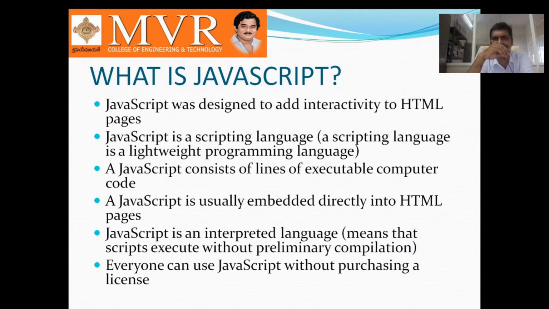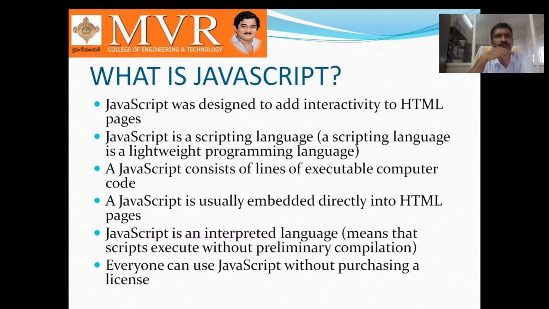It is a lightweight programming language used on the client side for scripting. Next, JavaScript consists of lines of executable computer code. If we observe the files, they contain lines of executable computer code.